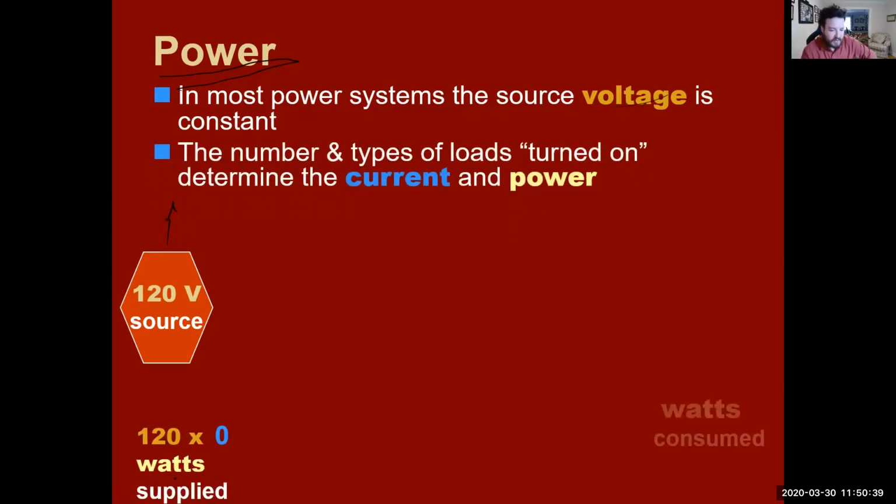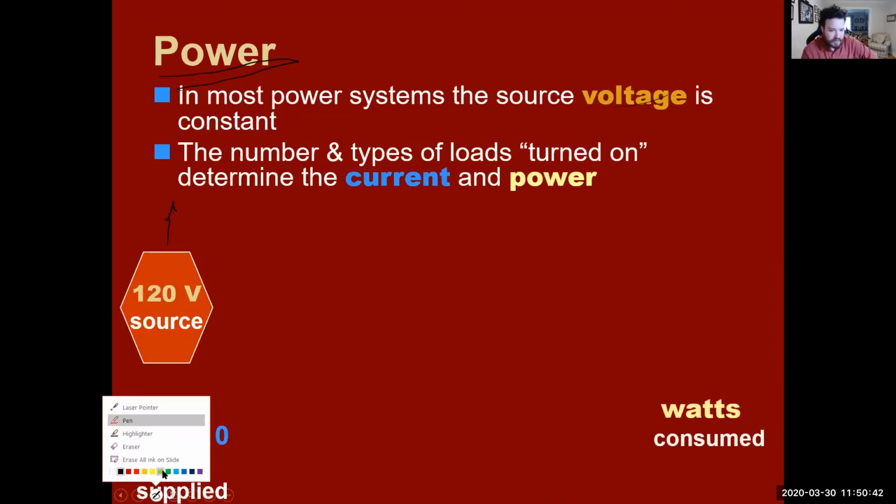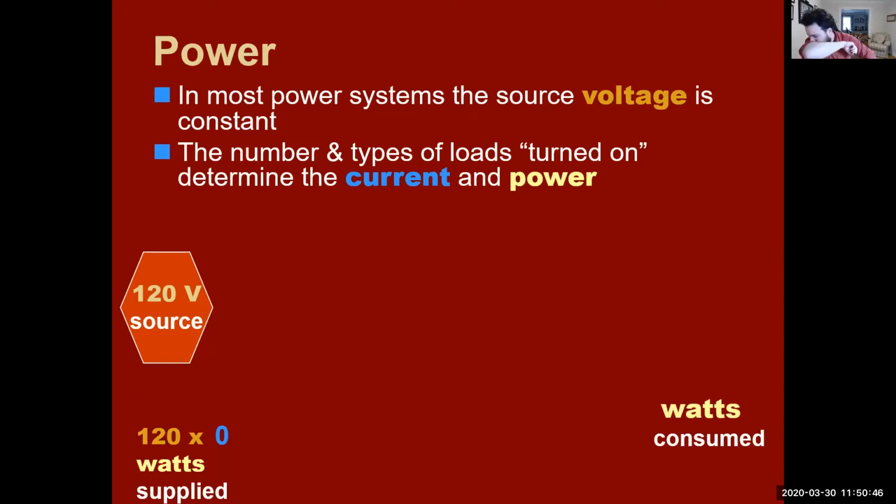The number and types of loads turned on determine the current and power. So right now we're sitting here with a 120 volt source. We have no current and we have no power because we have nothing going to anything. It's just sitting here.